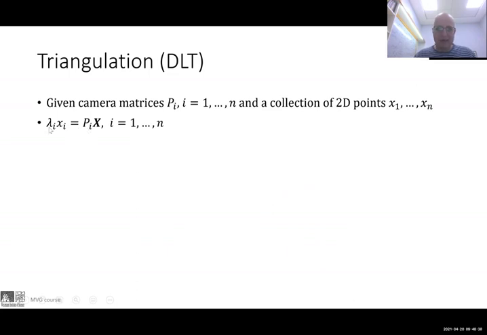What we don't know are lambda i and capital X. Of course, we could come up with other problems where we know capital X, but we don't know the cameras, etc. All of these are interesting problems, but here we consider the case that we know the 2D points and the cameras, and we don't know X, and we don't know lambda i.